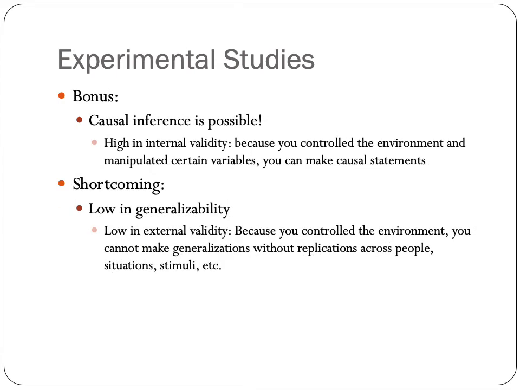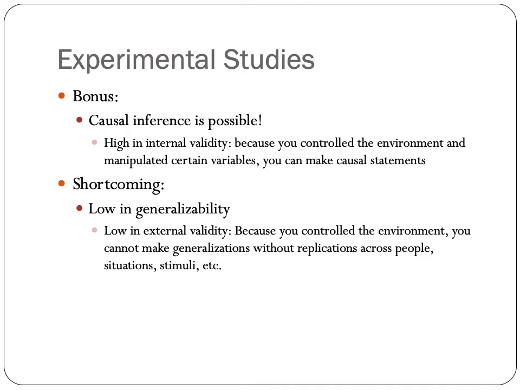One of the bonuses of experimental studies is that causal inference is possible. And this is hugely important, right? This is why we do experimental studies as opposed to correlational studies. So we can make causal inferences, right? Experimental studies are very high in internal validity because you control the environment and manipulate certain variables.